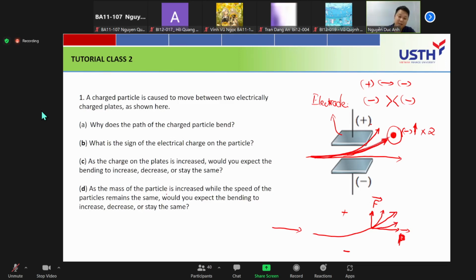So the force in the vertical direction here will be named the Coulomb force. And this one relates to the interaction between the negative and positive charge.